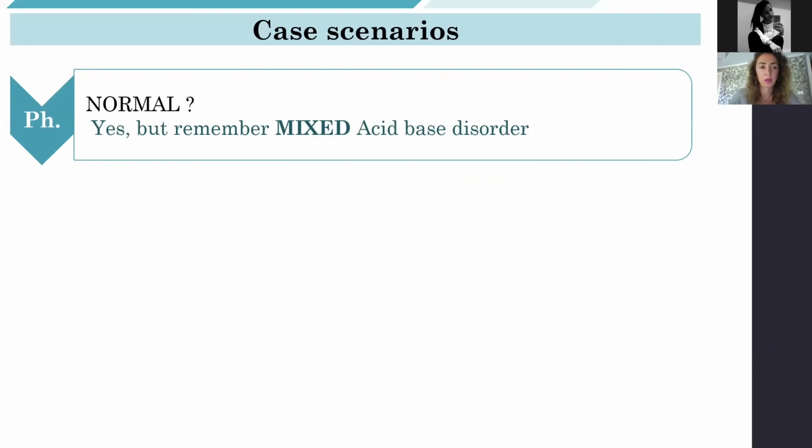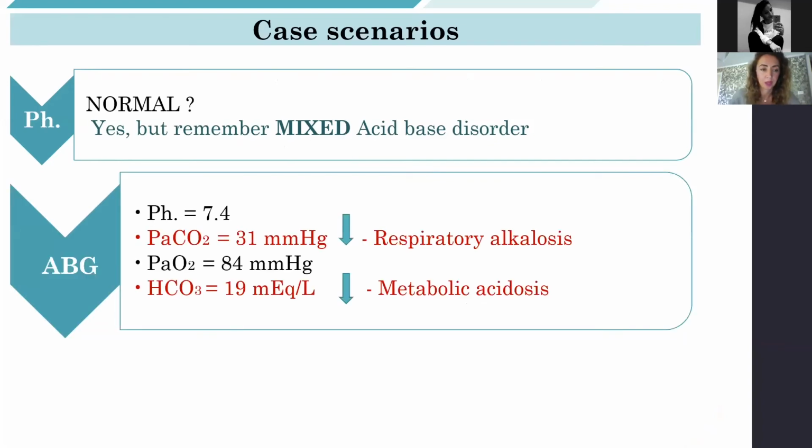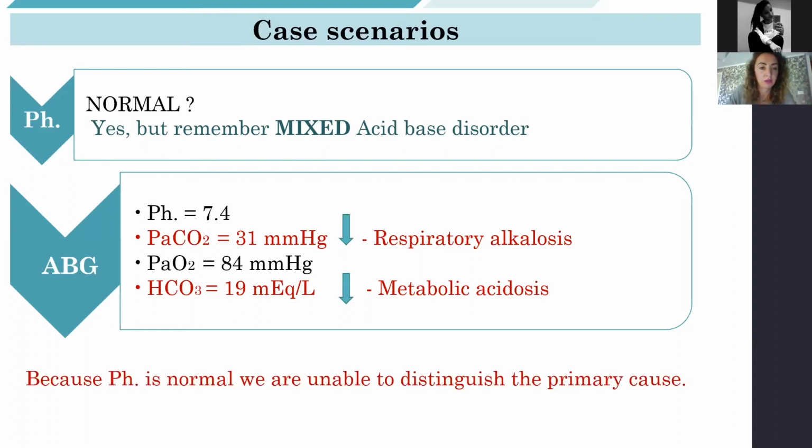But remember that we have mixed acid-base disorder. We have normal pH, decreased PCO2, and decreased bicarbonates, which is showing us that we have respiratory alkalosis and metabolic acidosis. It's mixed acid-base disturbance, so that's why we will have compensated pH.